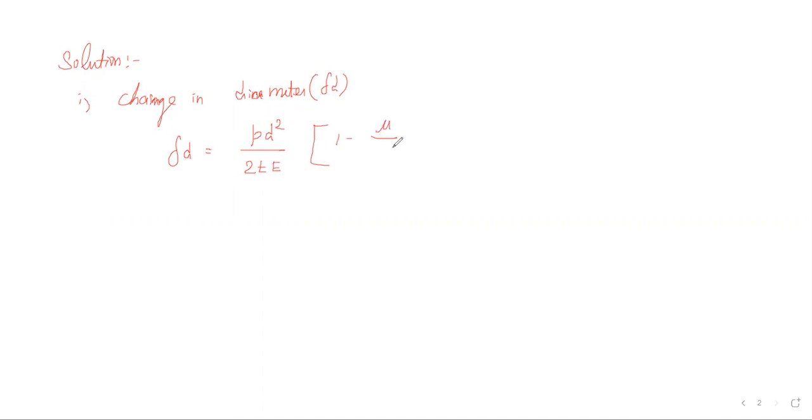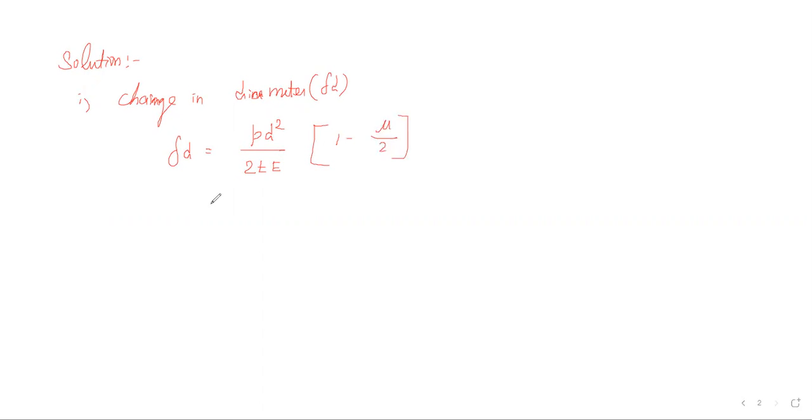So let us move on to the solution part. First one is change in diameter del D. We all know that the change in diameter del D is equal to p D squared divided by 2 t E into (1 minus mu by 2) is the formula.